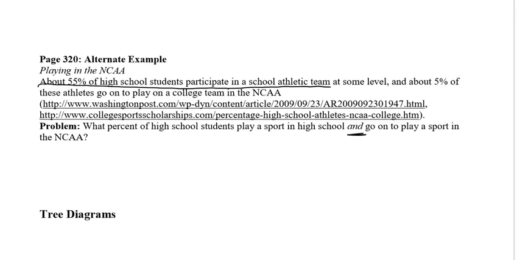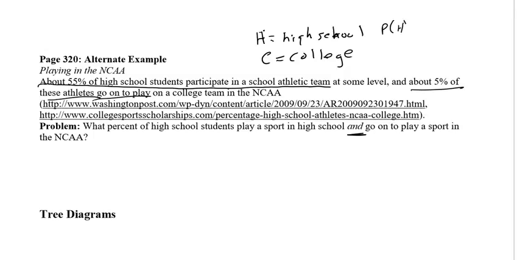So if we say H is high school and C is college, what they've given us is that the probability a kid plays in high school is 0.55. The 5% is not the probability that they play. It's the probability that they play in college given that they played in high school, because it says these athletes. So it's 5% of those athletes, not counting the entire school population, only the kids that were athletes.